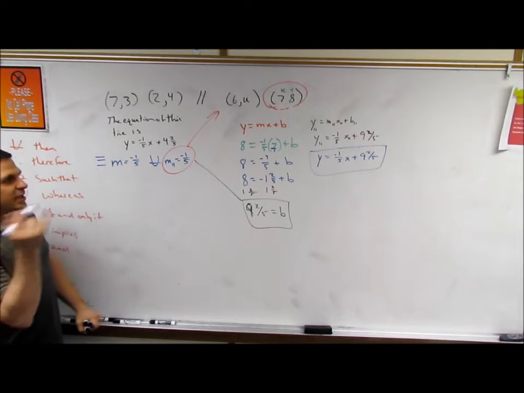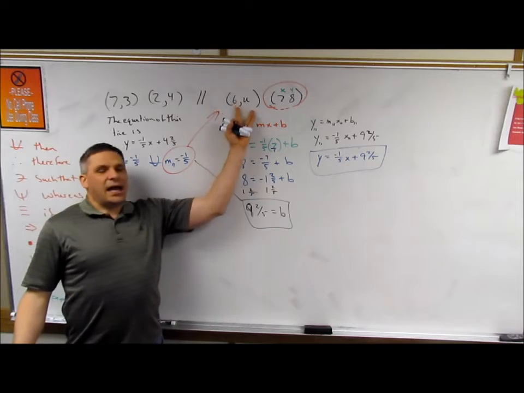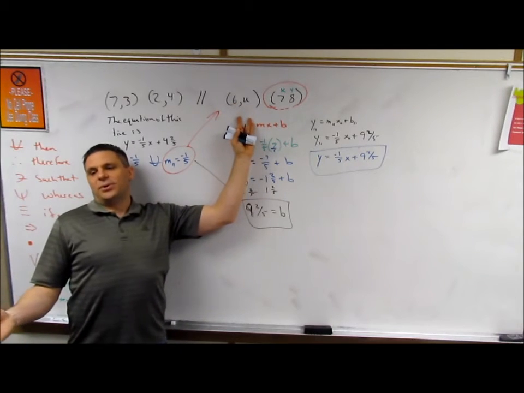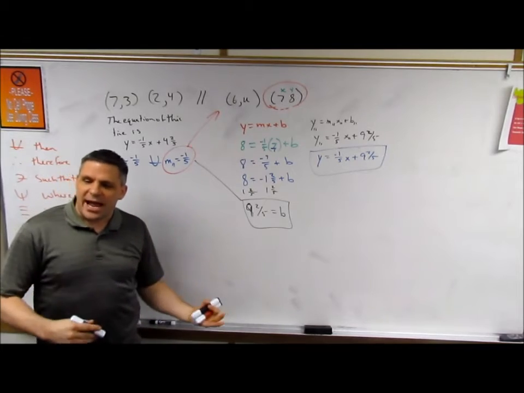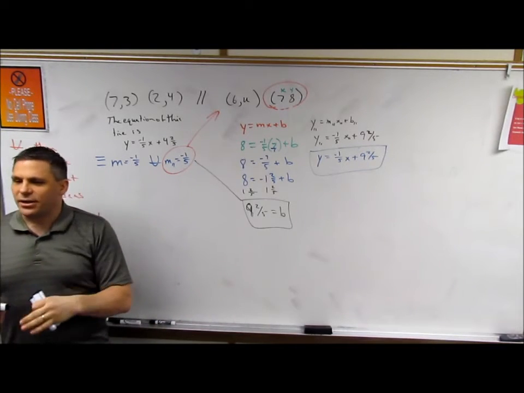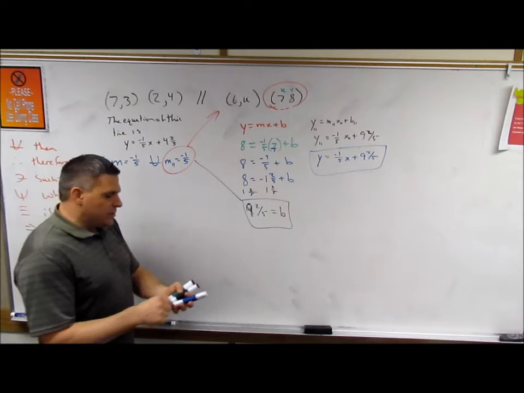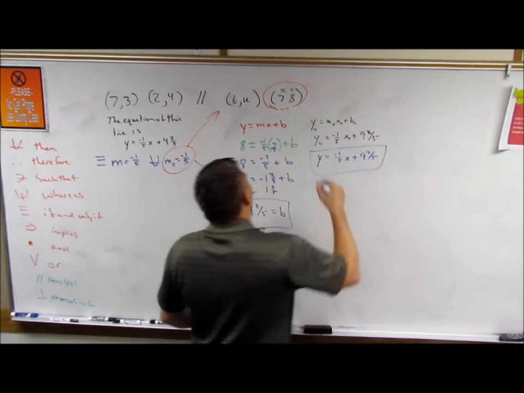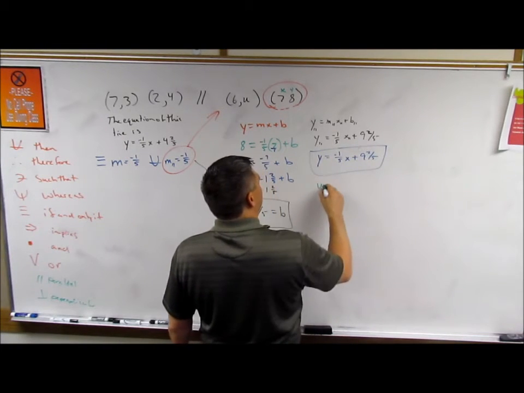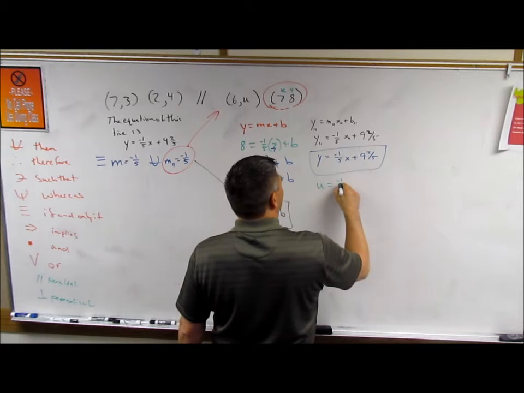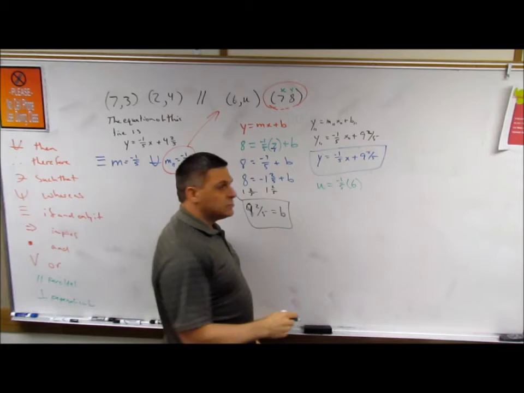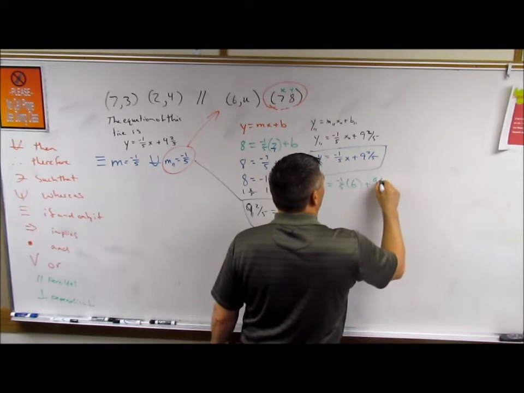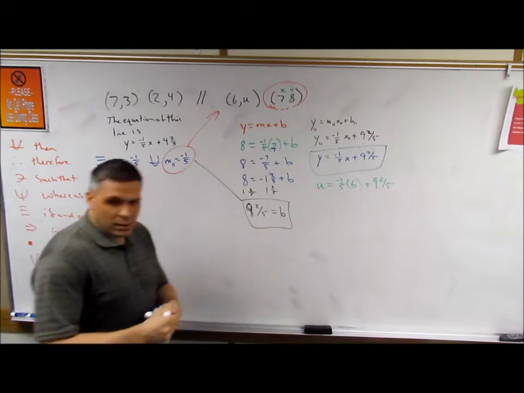But the answer to this question says, I want to know what u is. If I plug 6 in for x, what is y, in other words? So the point to this equation is y becomes u, x becomes 6. Why does y become u?